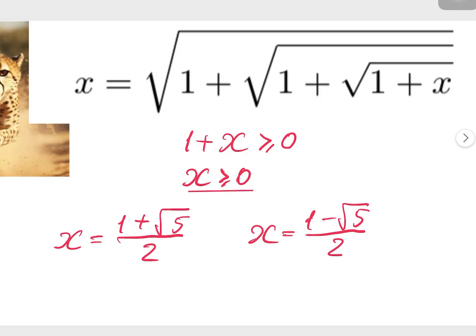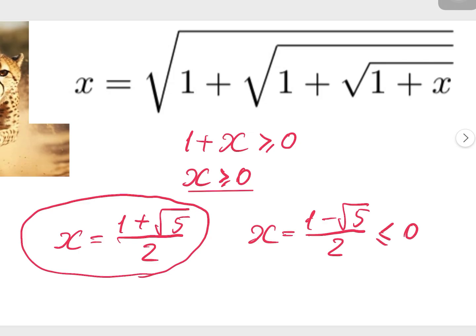The first solution is positive, so the condition is satisfied, and we consider it a correct solution. But the second solution is negative, so greater than 0. Oh, not greater, smaller than 0. That means that this solution is not suitable.